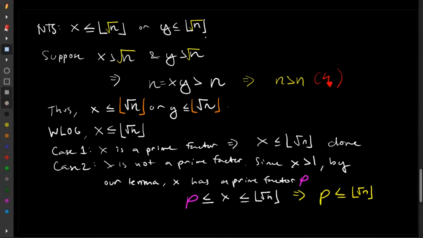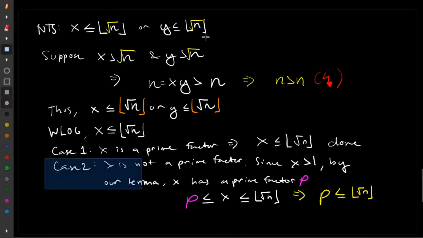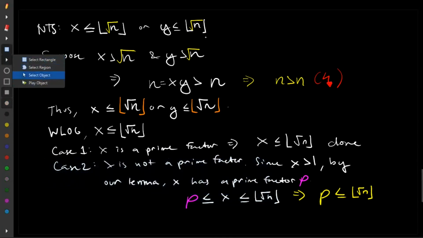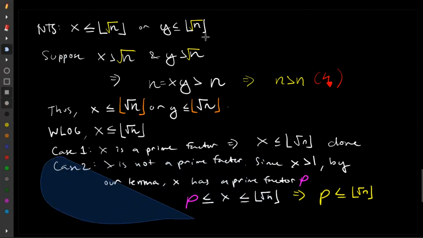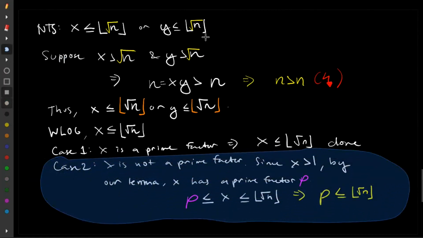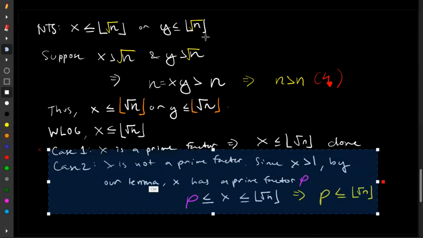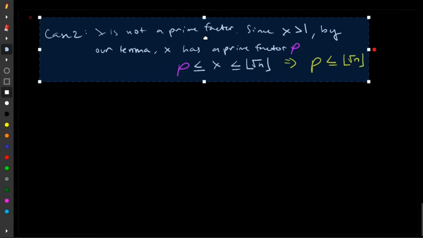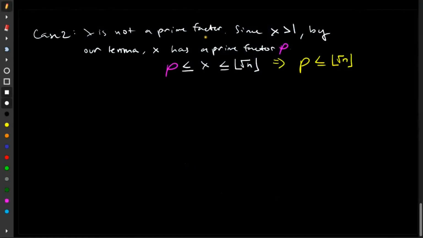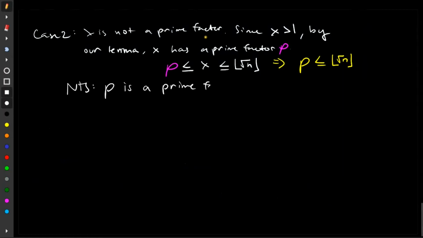Let's bring this case to the next page, so we have something to start on. So again, what we need to show is that P is also a prime factor of n.